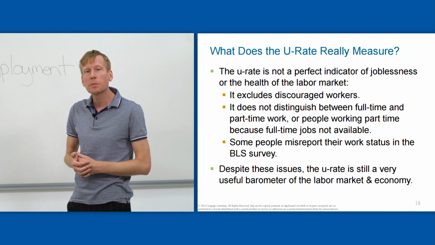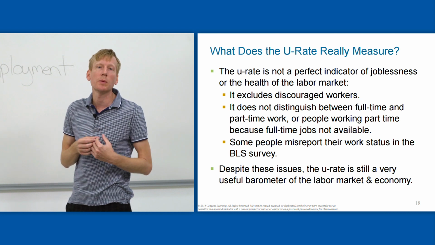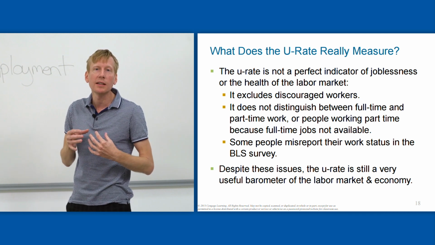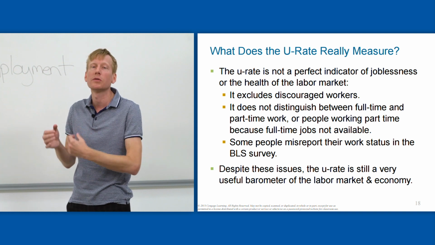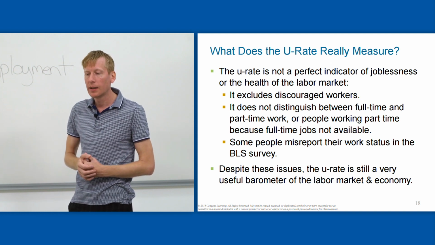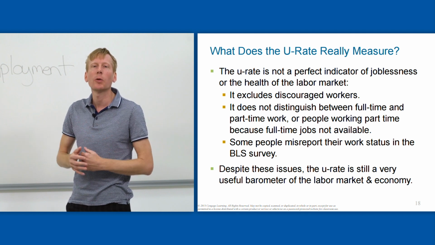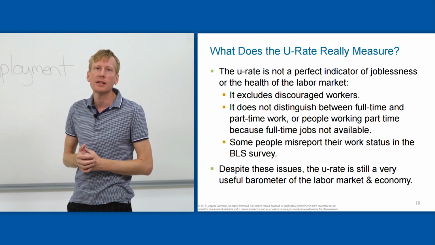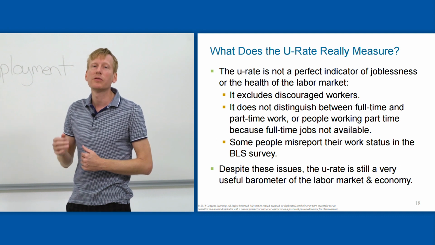It doesn't distinguish between people who work full-time or part-time. It doesn't distinguish between workers who are able to use their skills and training or those who are not, workers who are paid a high wage or workers who are paid a low wage. And we may also find that there are inconsistencies in how people report their employment status for the Bureau of Labor Statistics, depending on certain kinds of self-employed and informal work.